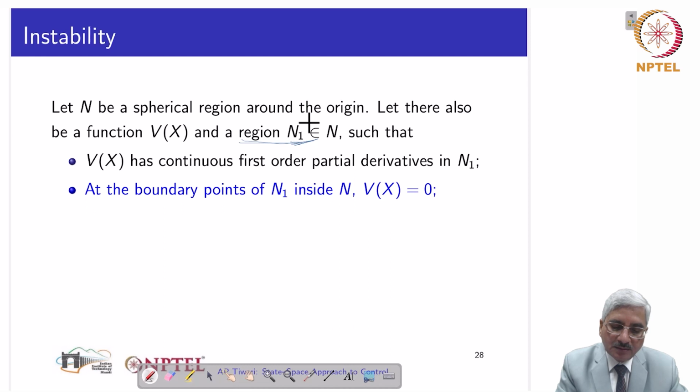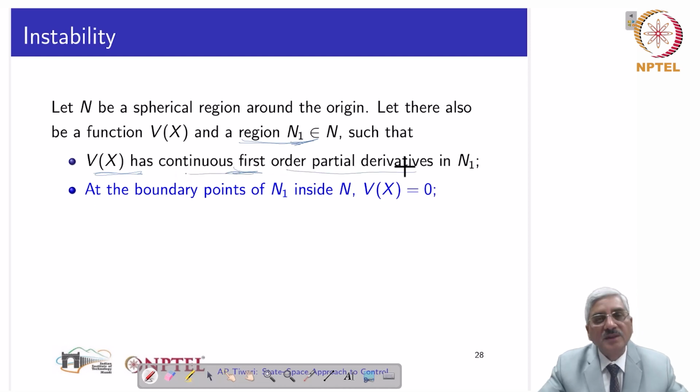And with these two, we have that Lyapunov function V(x) satisfying the conditions of being continuous, with first order partial derivatives also being continuous in N1.